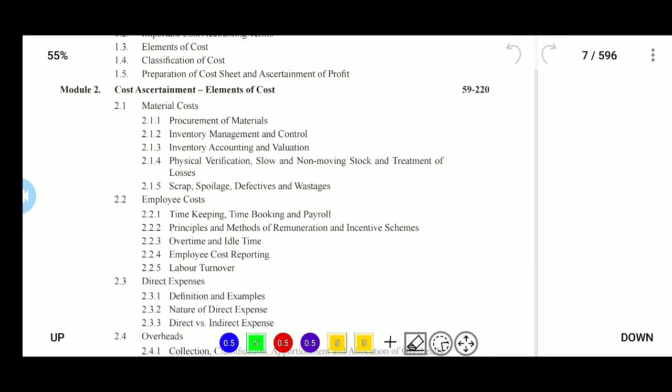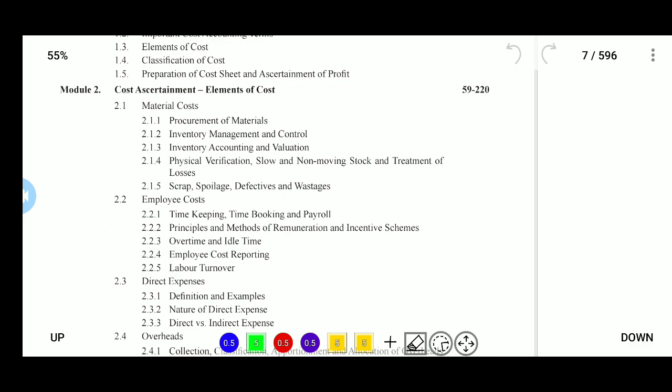Next is material costing. In material costing, I will tell you one question where multiple order sizes are given, right? 500, 2000, 3000, 4000, and annual demand is given.